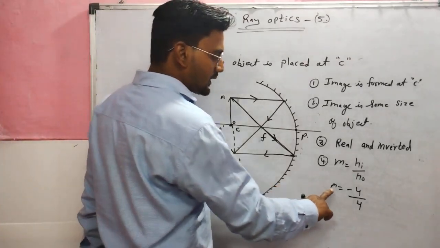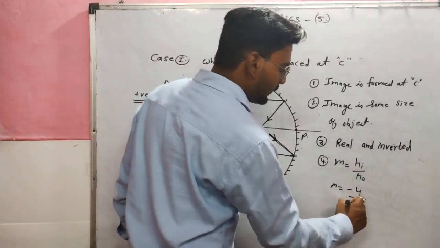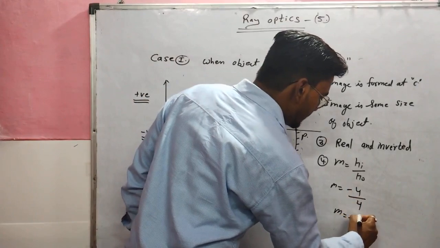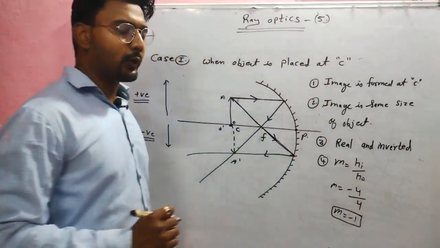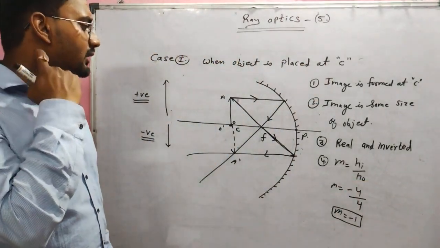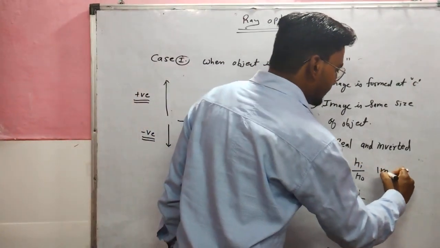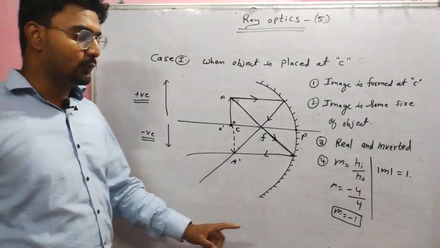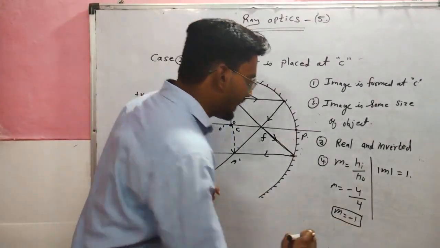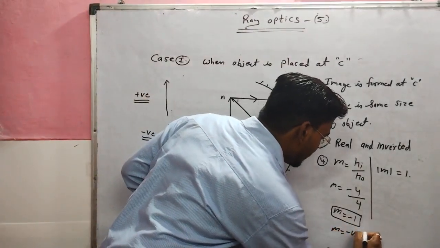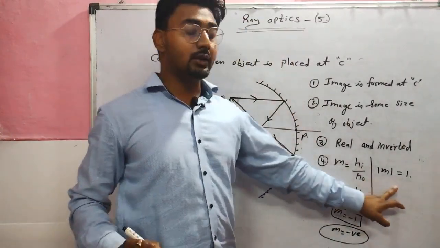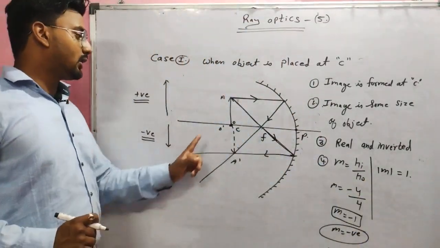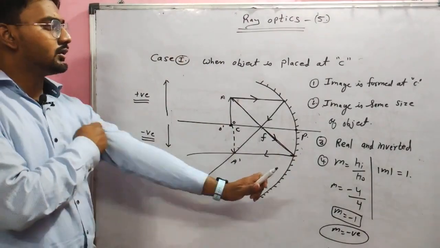So magnification m equals minus 4 by 4, so we get magnification minus 1 here. Okay, and we see that the magnitude of the magnification is 1. Okay, so we consider these 2 points are most important. Here we get magnification negative and magnitude of magnification is 1 when the object is placed at C.